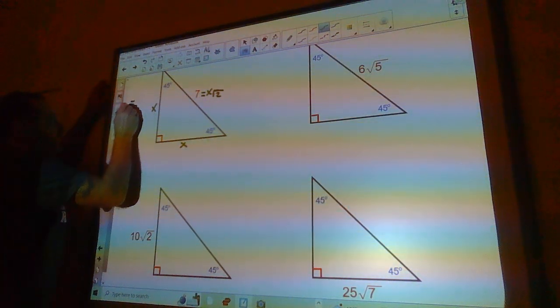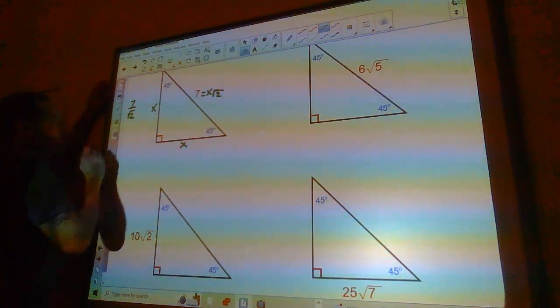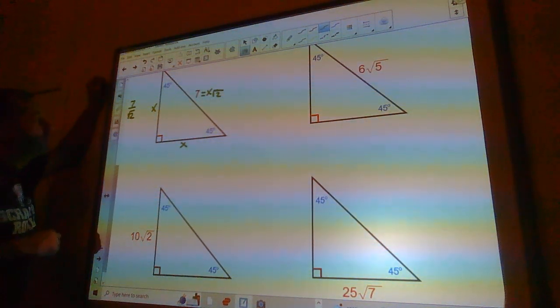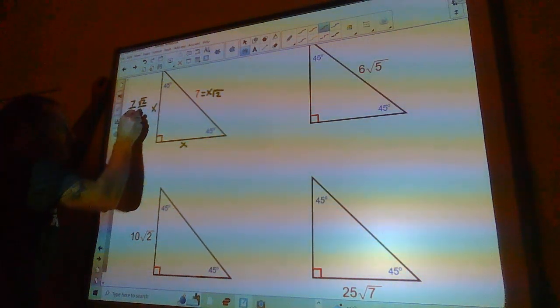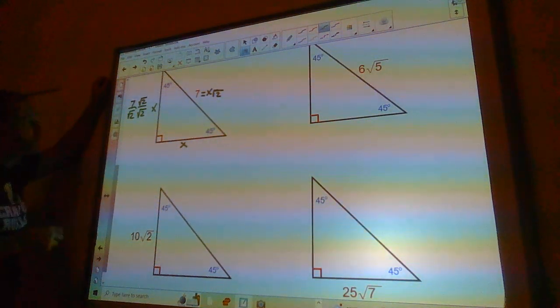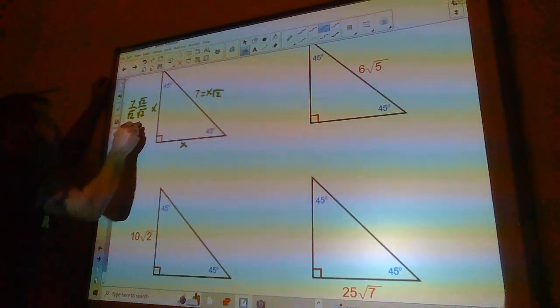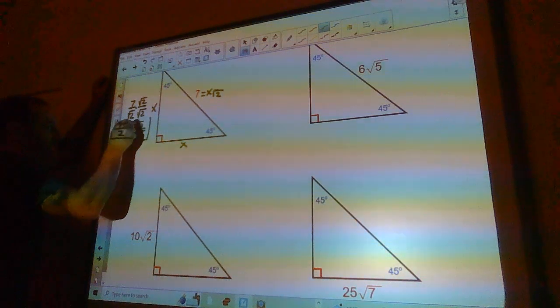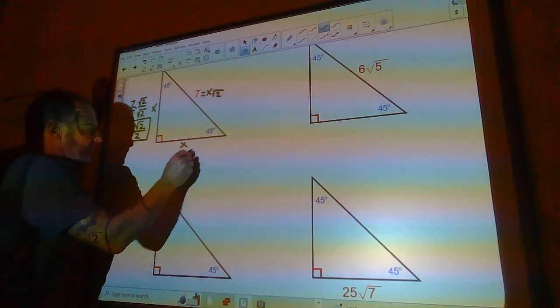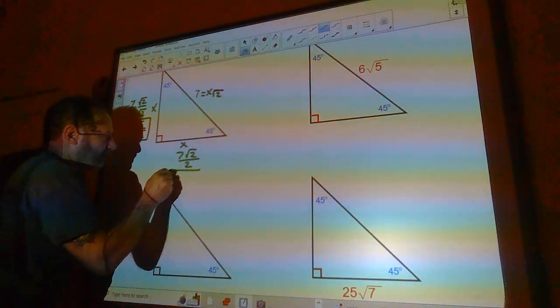And I'm going to get this side is going to be 7 over the square root of 2, which I do not leave that way, so I rationalize it. So I'm going to multiply by square root of 2 over square root of 2, and that's going to be 7 square root of 2 over 2, which I cannot simplify. So that's my answer for that side. That's my answer for this side.